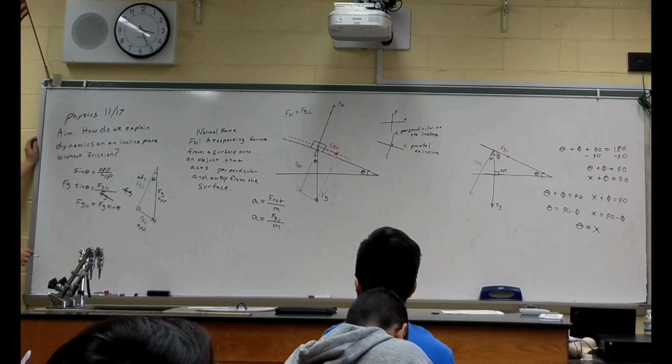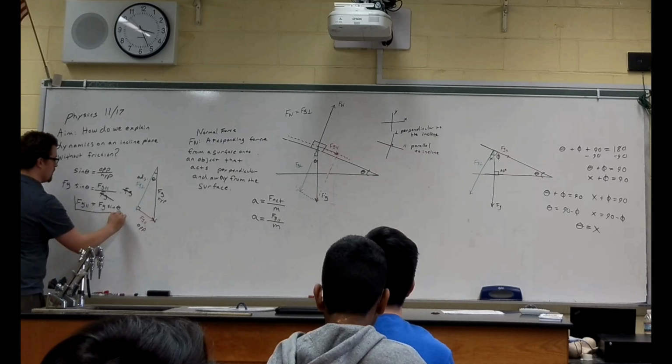This is a key relationship. It connects the amount of push down the incline to how steep the incline is. And we do the same thing with cosine. The cosine of theta is the adjacent side over the hypotenuse.